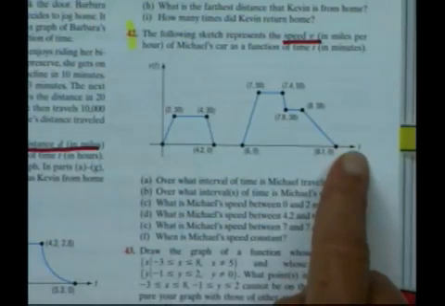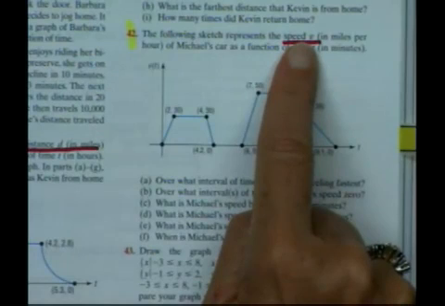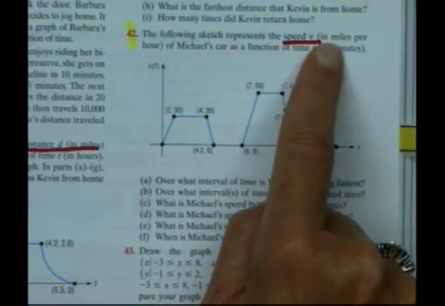Let's look at number 42. The x-axis is going to represent time in minutes. The y-axis this time is representing speed or velocity in miles per hour. This is just the speed of your car. So it's going to be minutes versus your speed.